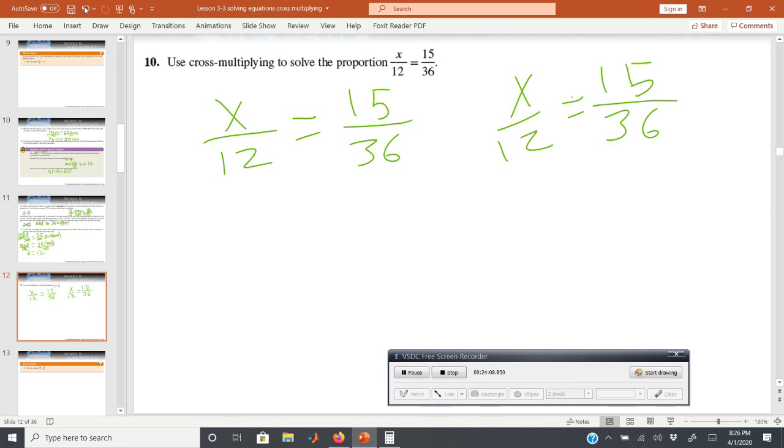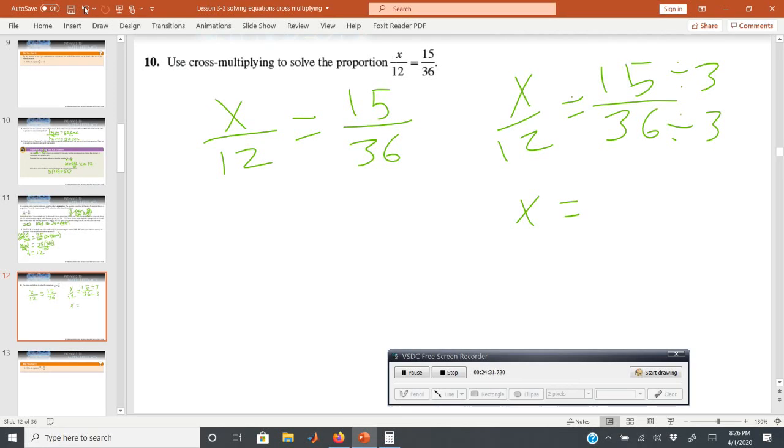Okay. Question 10. Use cross multiplying to solve the proportion. Pretty straightforward. Over 12 equals 15 over 36. I'm going to go off on a tangent here really quickly. We've looked at this before.